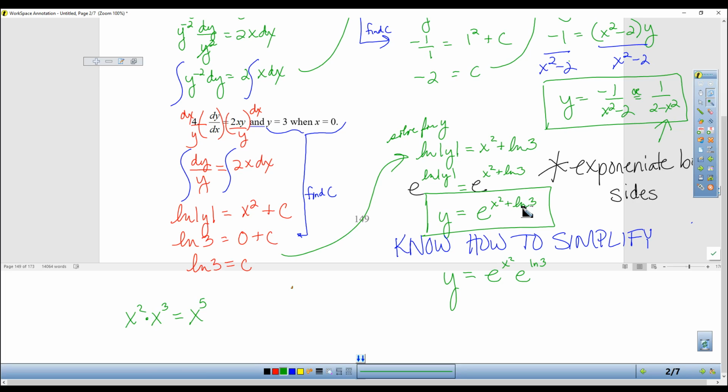I have added exponents, so I'm going to rewrite it with multiplied bases. Why would I do that? Because this one simplifies. E to the ln of 3 is just 3. And that way, I can write my final answer as 3e to the x squared. So it'll look very different, and you need to know where that comes from.